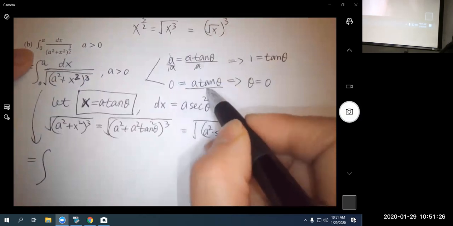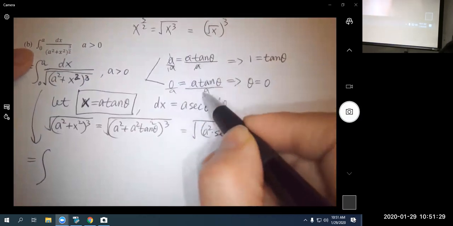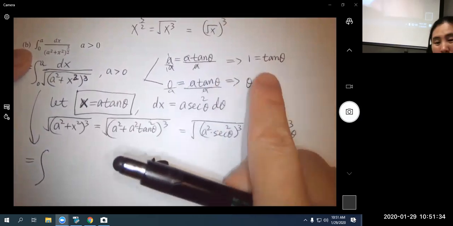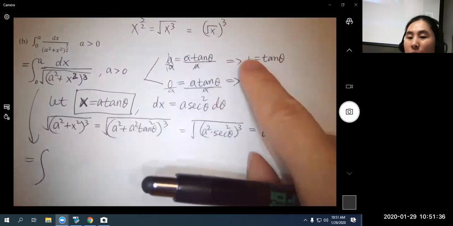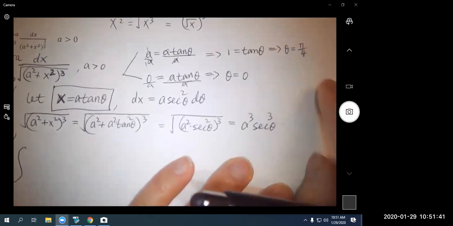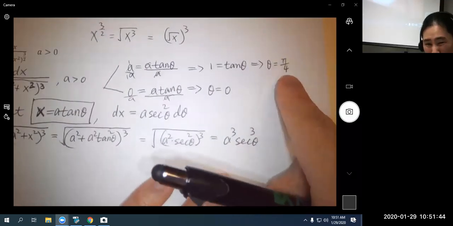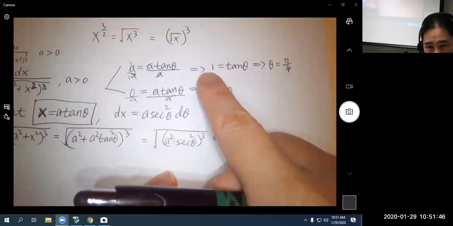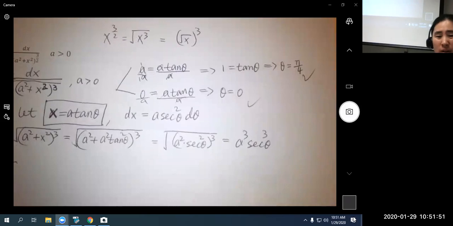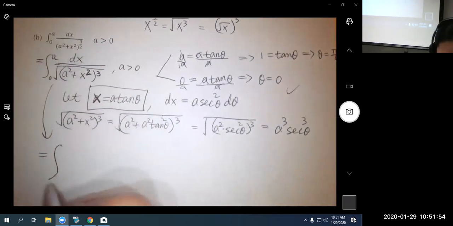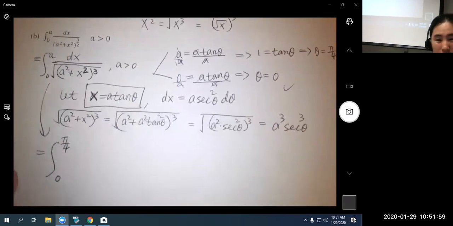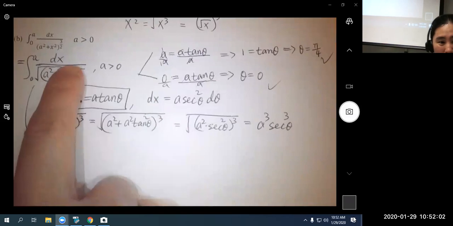So what angle satisfies tangent of this angle equals 1? Pi over 4. Very good. When theta equals pi over 4, tangent of pi over 4 equals 1. So these two will be the new limits for theta, right? So 0 to pi over 4.